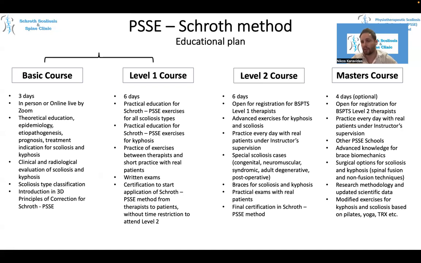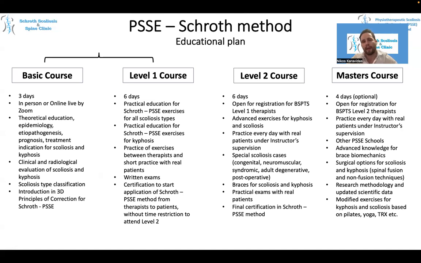And there is no time restriction to attend level 2. So one therapist that has finished level 1 can even come in the level 2 course in 3 months or 6 months or 1 year or 3 years or 5 years. There is no time restriction on that.